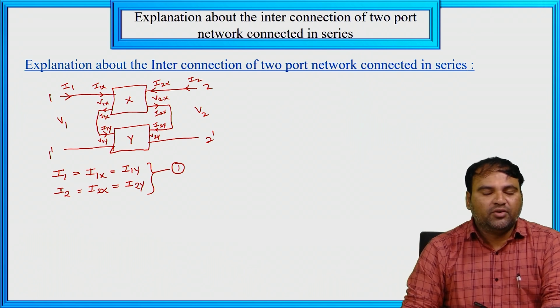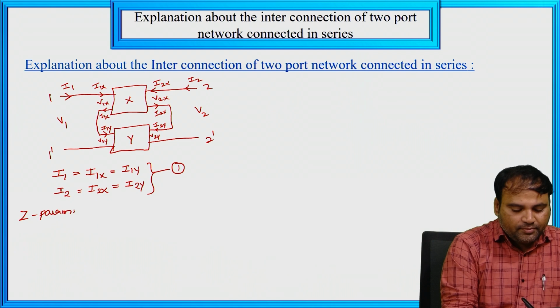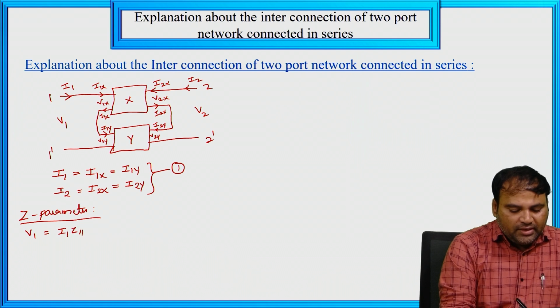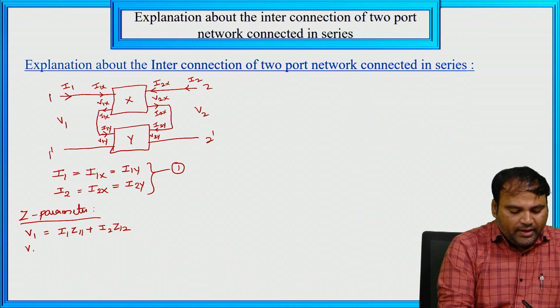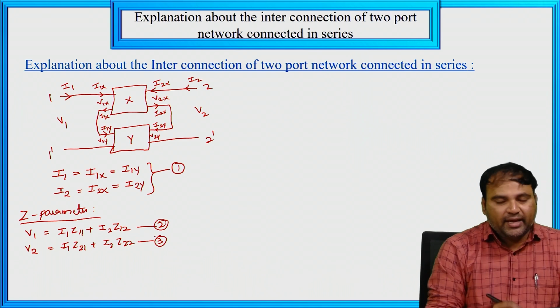We already know the Z parameter equations: V1 equals I1 Z11 plus I2 Z12, and V2 equals I1 Z21 plus I2 Z22. Let us take these as equations 2 and 3.